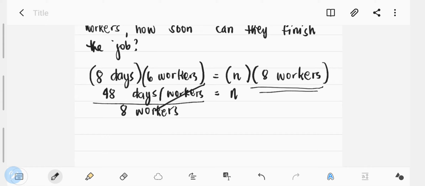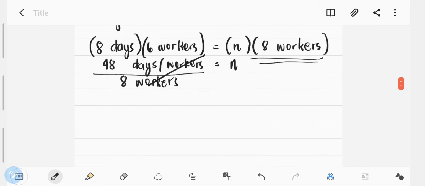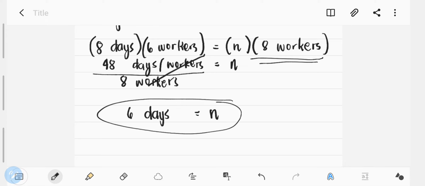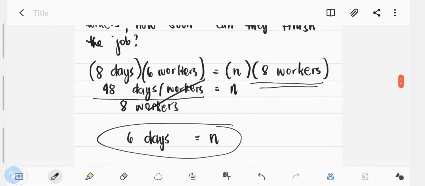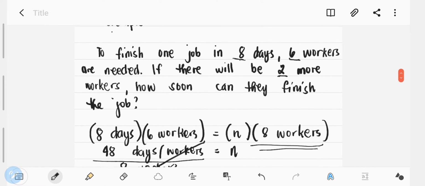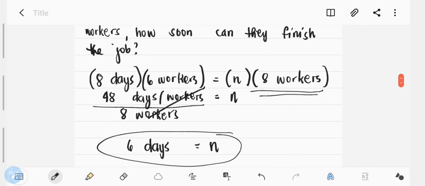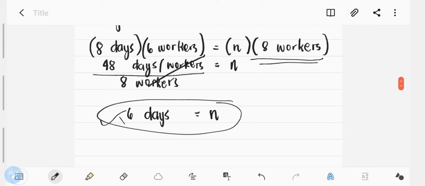We cancel the workers because they are common. Then, 48 divided by 8, that gives us 6, right? So, 6 times 8, that's 48. So, that's 6 days. Therefore, it will only need 6 days for 8 workers to finish the job. Let's check. It should decrease because the number of workers increased. From 8 days, it became 6 days. So, our proportion is correct.